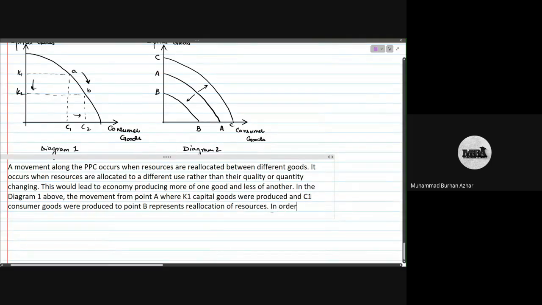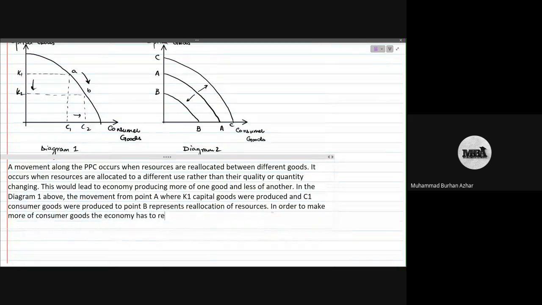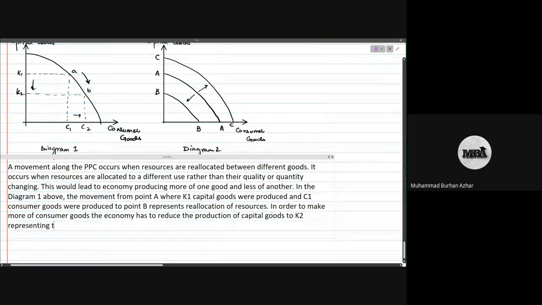In order to make more consumer goods, the economy has to reduce the production of capital goods to K2, right? Representing the concept of opportunity cost.